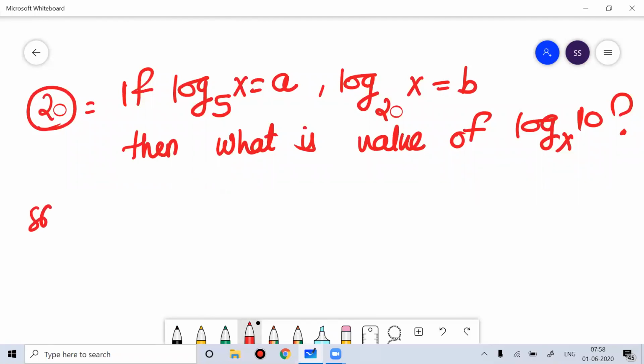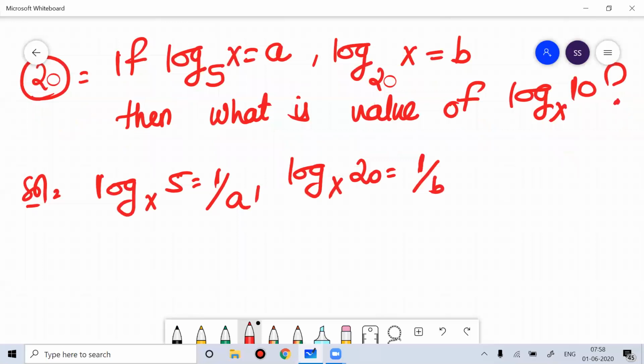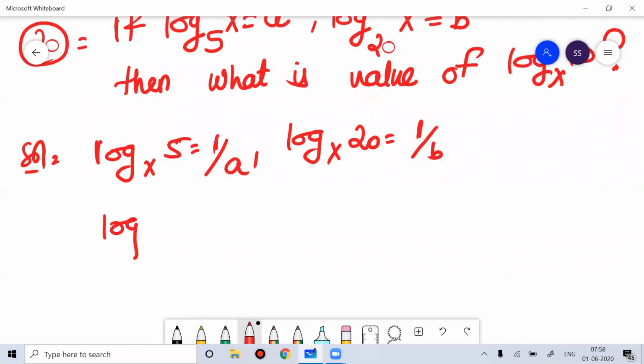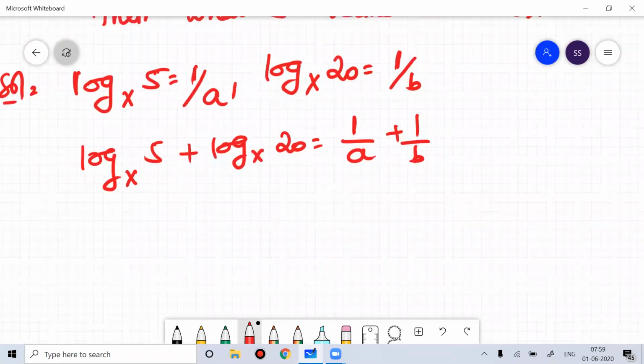So if I write this, I can write log base x 5 is equal to 1 by a. And I can write log base x 20 is equal to 1 by b. If I add them, log base x of 5 times 20, this is 1 by a plus 1 by b. You know that log a plus log b is log ab.